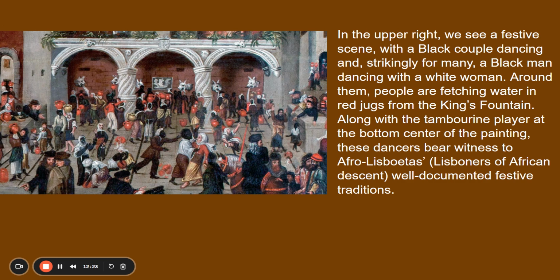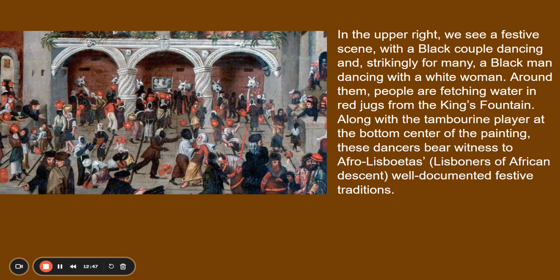But again, if you notice, who are the people carrying the jugs? And how are they carrying the jugs? What does that tell us? So we see a lot of Black women carrying the jugs. We see the Black women carrying the jugs on their heads.